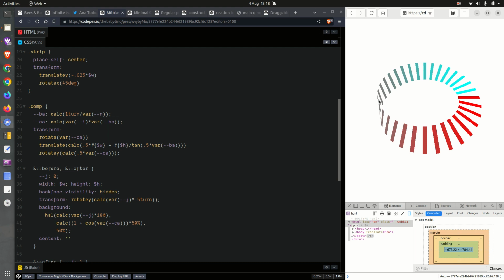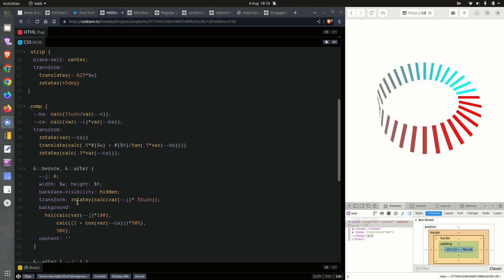Okay, but what we actually want is to have this first half one color and this other half another color. So for both the before and the after, we want one color here, right? So for the before, we want, let's say, red here and blue here, and for the after, we want blue here and red here.